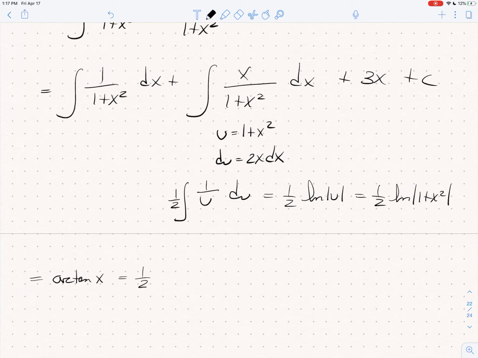So this is going to be arctan x, definitely not equals, plus 1/2 ln of (1 + x squared). I don't need the absolute value anymore. And then I've also got my plus 3x, and I've got the plus c. Some of you might want to pull that 1/2 inside and make this a radical. That's perfectly fine if you do. I'm not going to. But that's it. That's how you work this thing out.